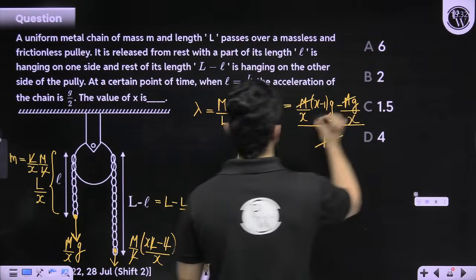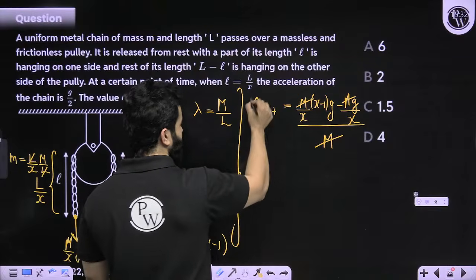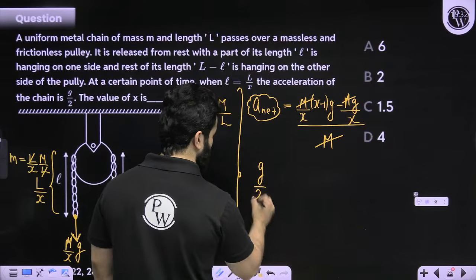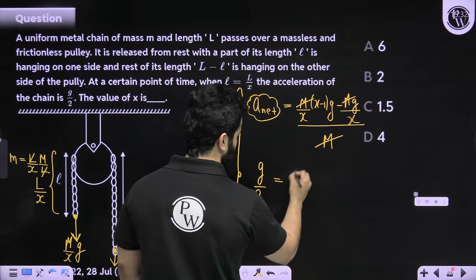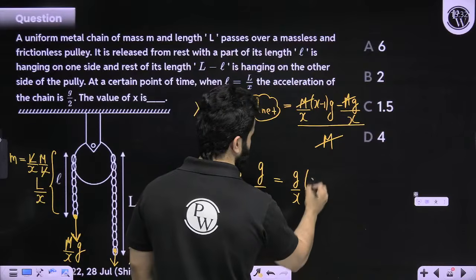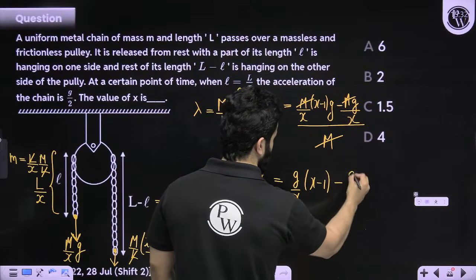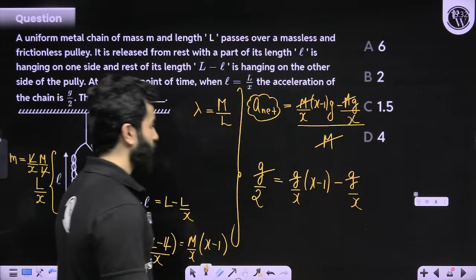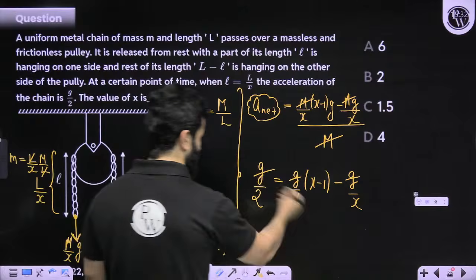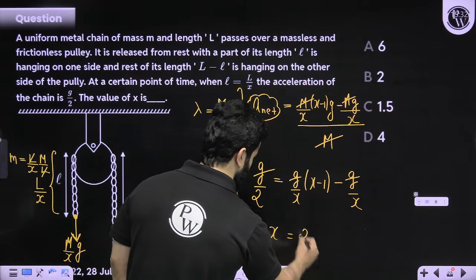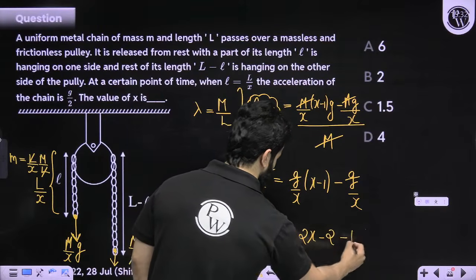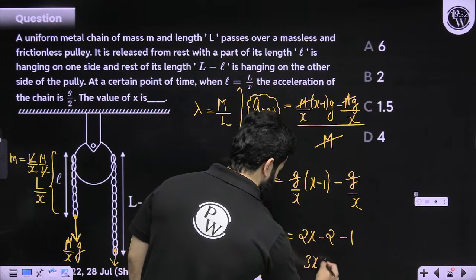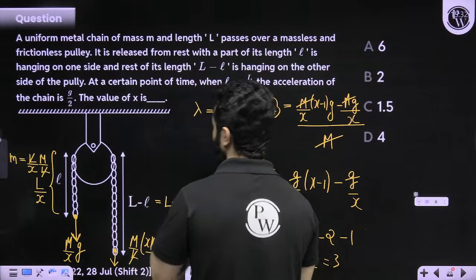M gets cancelled out and a net is coming out to be, they have said that a net is g by 2. So g by 2 is equal to g by x times x minus 1 minus g by x. So g can also be cancelled out. So this will become 2x minus 2 minus 1. So this will become 3x and this will become 3. So x is coming out to be 1.